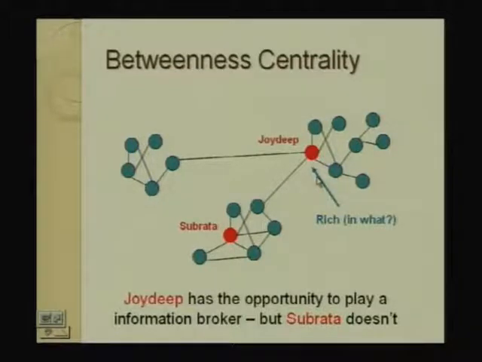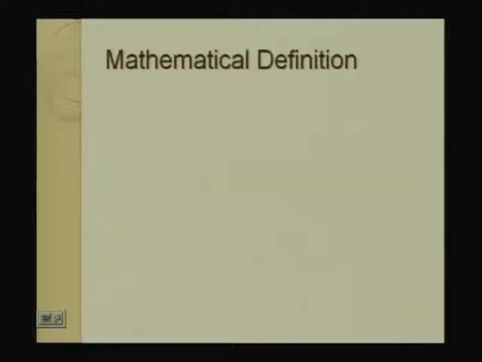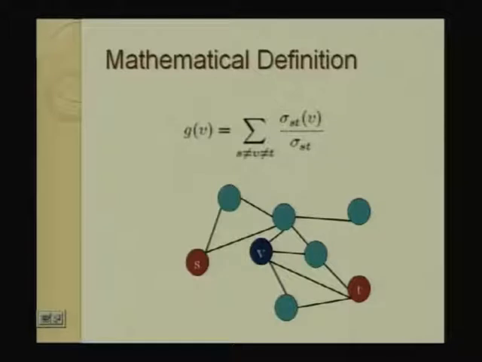Do we need to consider all pairs, or are there better algorithms for calculating this? The question is, do we need to consider all pairs of nodes while we compute this? The answer is yes, as far as the definition is concerned. But then I think your concern is this.